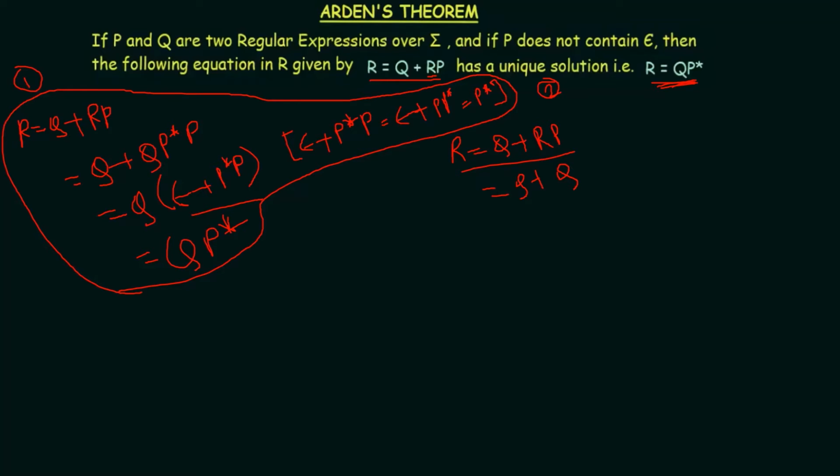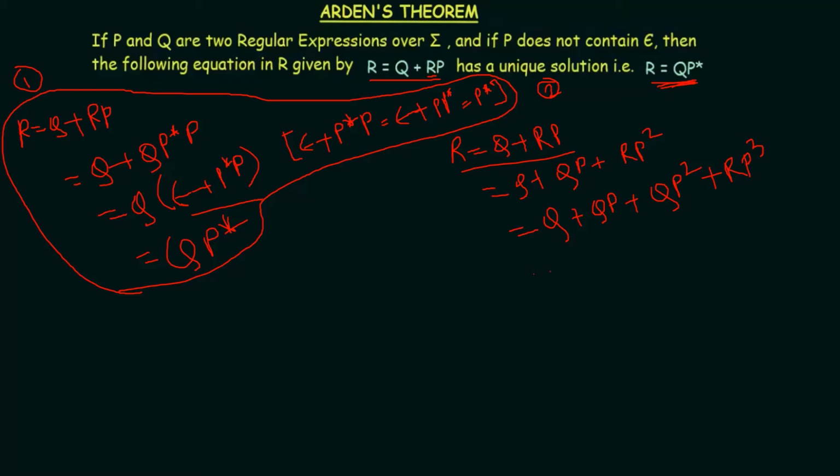So I'm going to get q plus qp plus rp square. Now again, if I replace this, I'm going to get qp square plus rp cube.